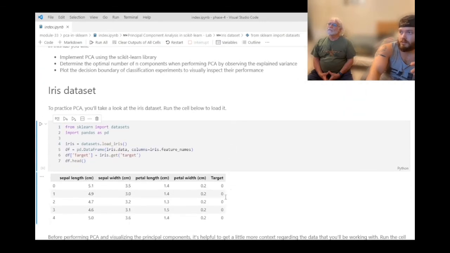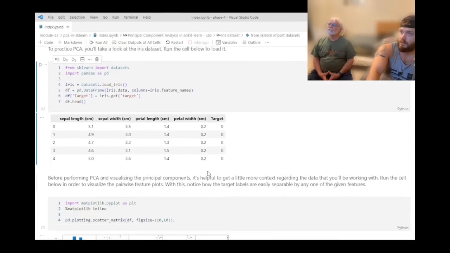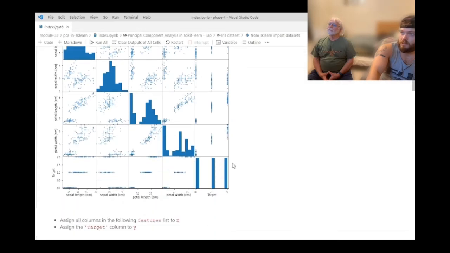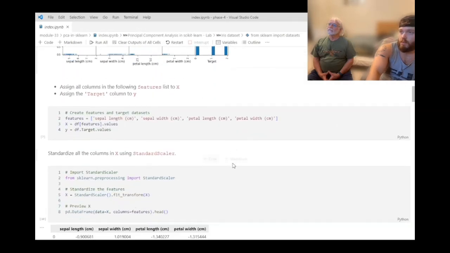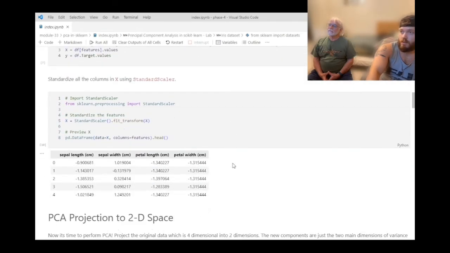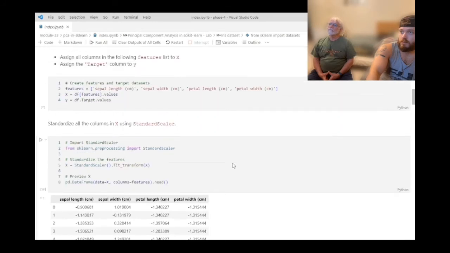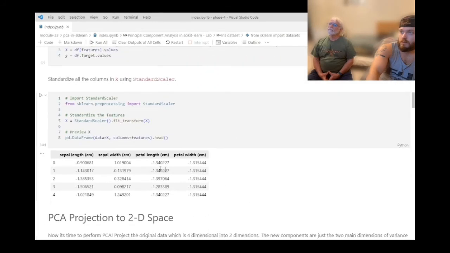Remember, this is our original data. So when you're doing PCA, the first thing you're going to do is scale the data. Imagine different features might be on different scales.